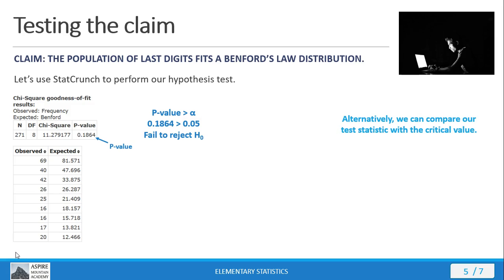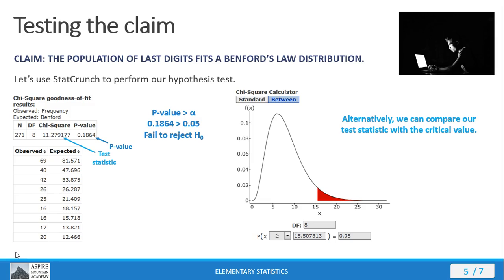Alternatively, we can compare our test statistic with the critical value. The test statistic is going to be that second to last value right next door to the p-value, just as we've always seen it. We compare that with our critical value, which we get from our chi-square calculator. We've got 9 categories, which means we've got 8 degrees of freedom at the 5% significance level. That's alpha. And out comes our critical value of 15.5.